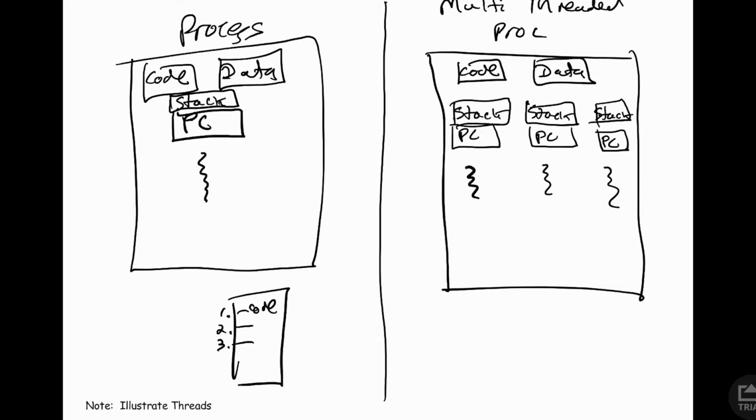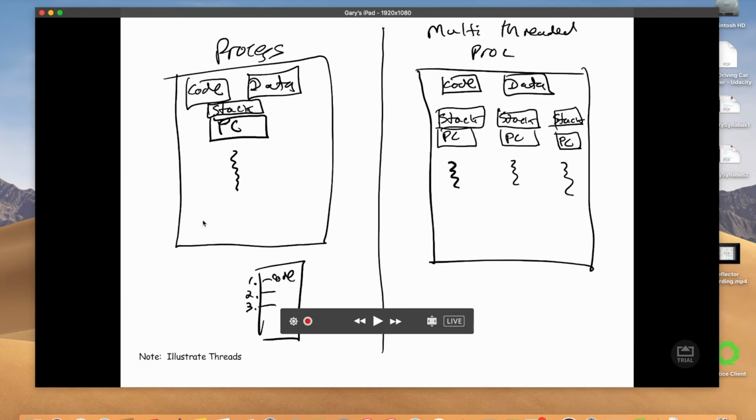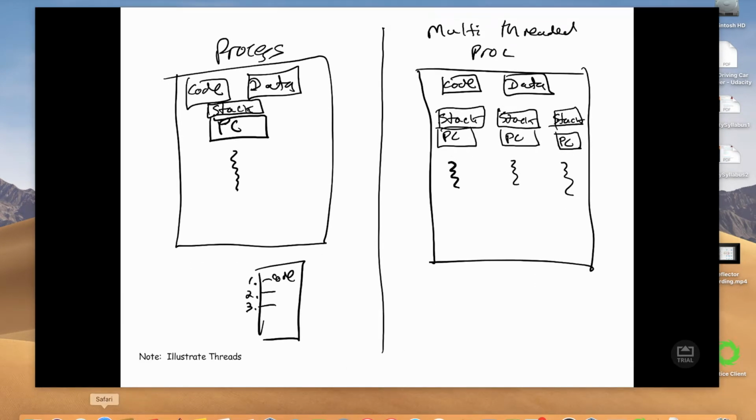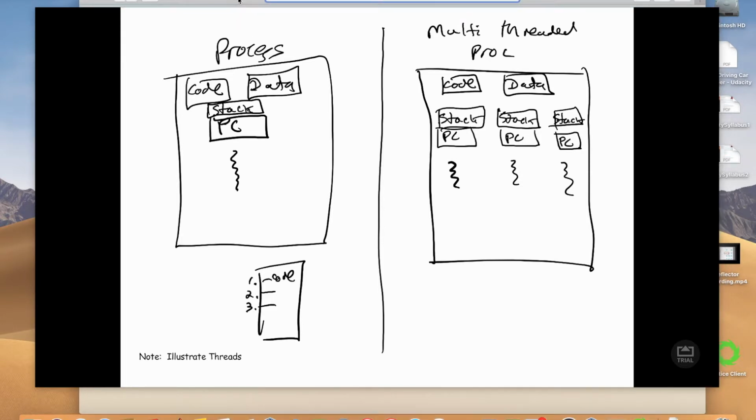Now, if you Google searched something called a process control block, and we can actually bring this up. So let me do this. And let me bring up my browser temporarily.